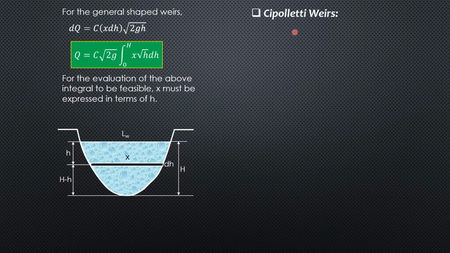Then for a weir that is an isosceles trapezoid, when the slope of the tangent of the angle that the slanted sides make with the vertical is 1/4, then it is called Cipolletti weir. So actually, Cipolletti weir is an isosceles trapezoidal weir which replaces the two-end contracted rectangular weirs as before.